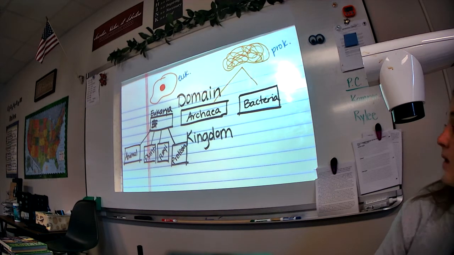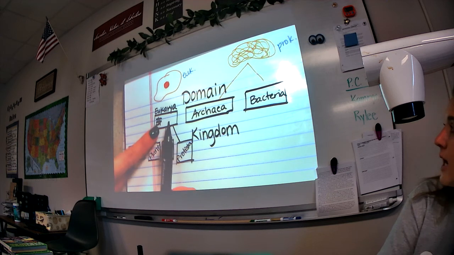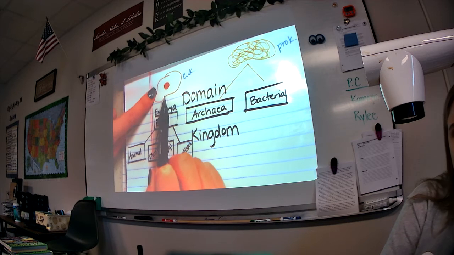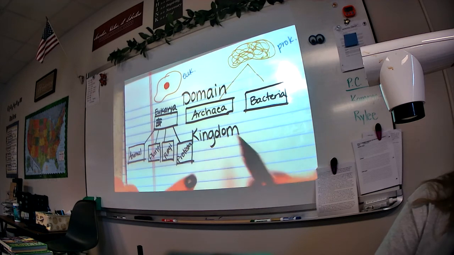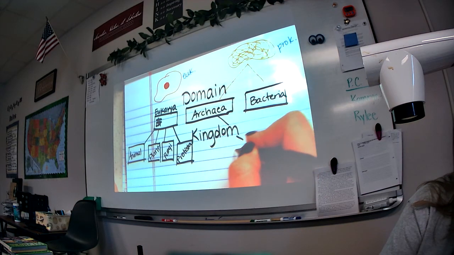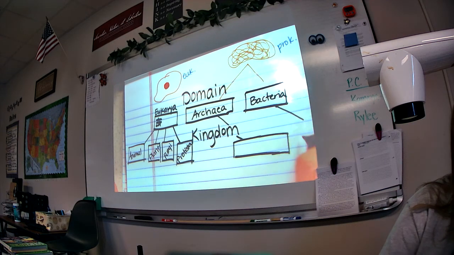Now, what that means is because all of these fall under the eukarya domain, they are all made of cells that look like this. All of their cells have a nucleus. Now, Archaea and Bacteria: Archaea only has 1 kingdom, with a very long name, and Bacteria only has 1 kingdom as well.